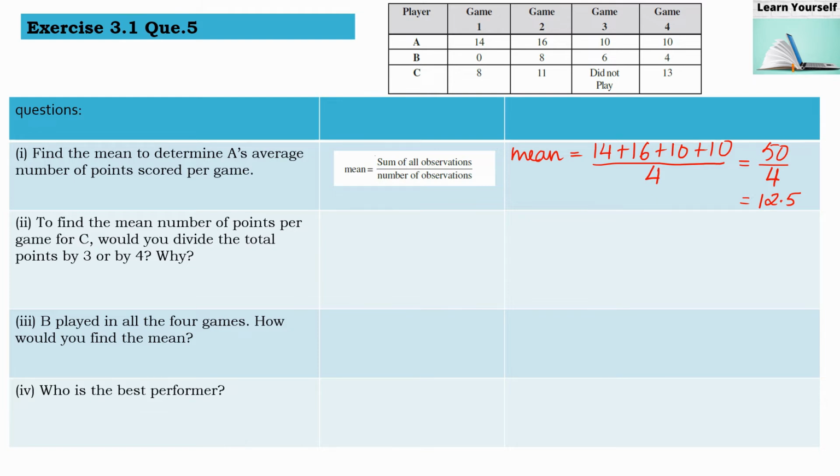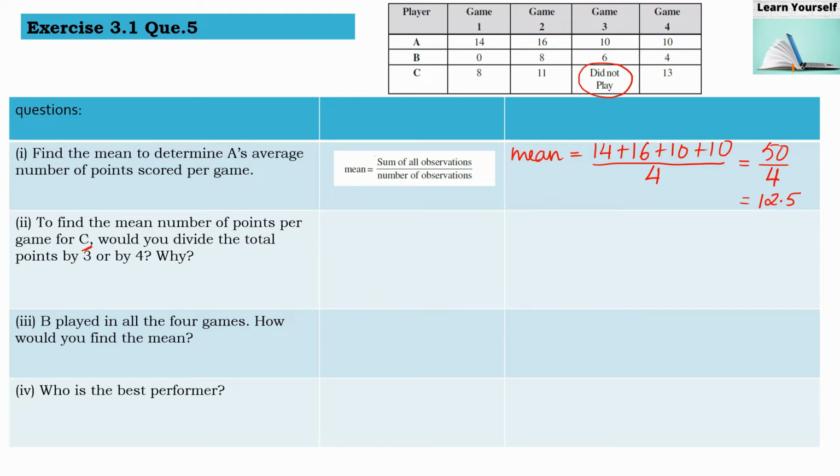Now second question. To find the mean number of points per game for C, would you divide the total points by 3 or by 4? Why? So let us see the readings for player C: game 1 is 8, game 2 is 11, and for game 3 did not play. So player C was not there in game 3.